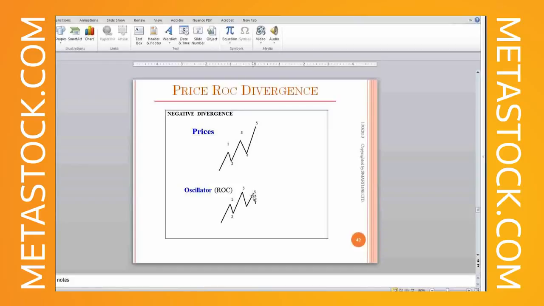Normally, if we go to the same level, the oscillator should reach the same level. Otherwise, there is a negative divergence. And look at what happened right after. The market actually continues slowly going up and giving us a lot of divergences of the oscillator. That's exactly the problem with the negative and positive divergences.